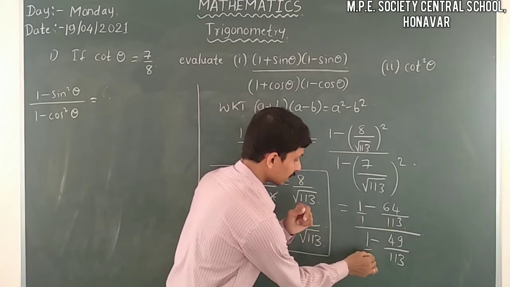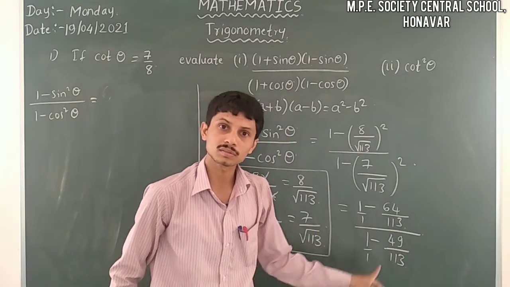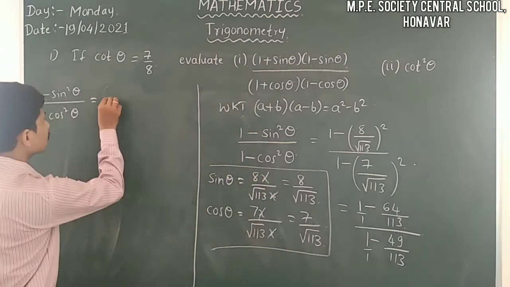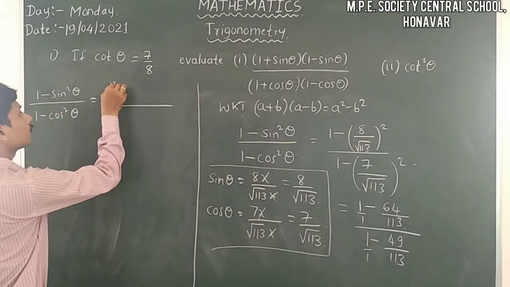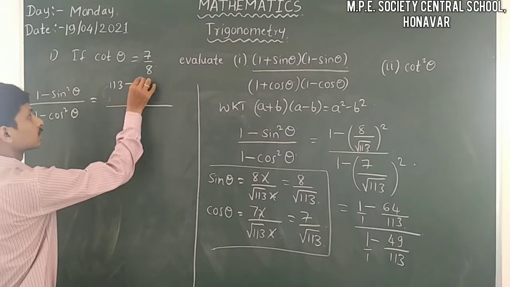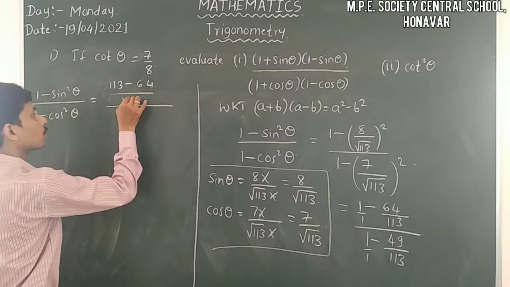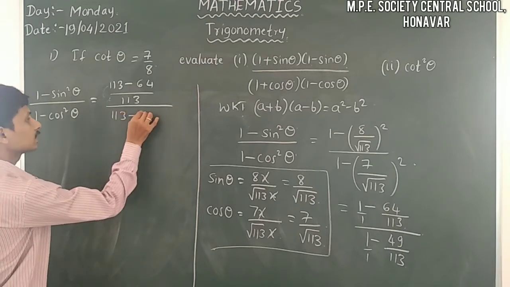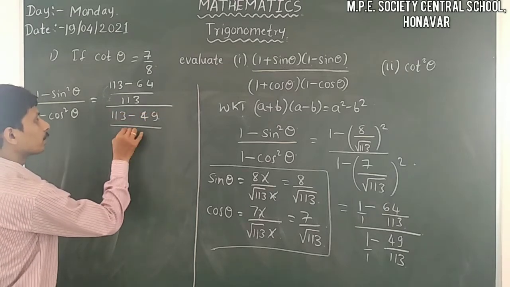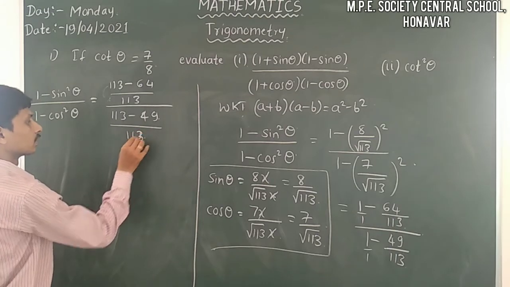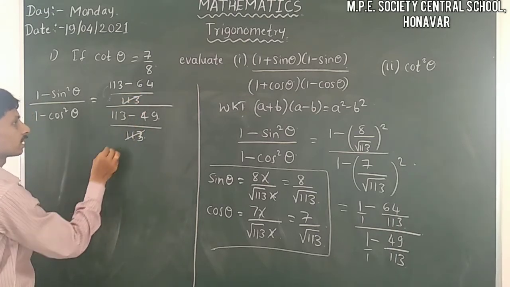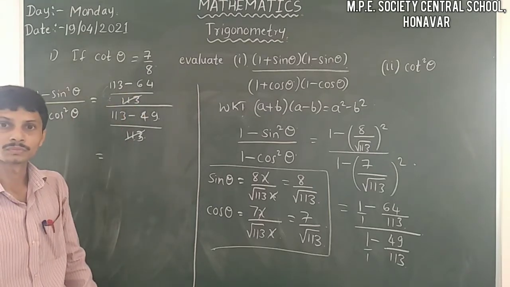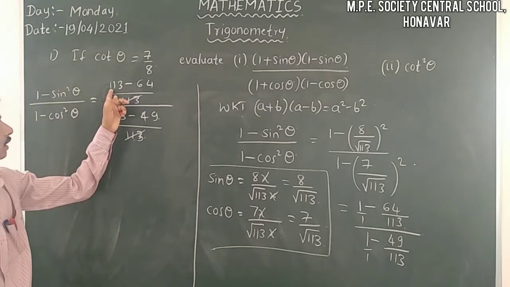Here also the same thing, in both numerator and denominator we multiply with 113. Then 113 minus 64 divided by 113, and here also 113 minus 49 divided by 113. The 113 and 113 get cancelled here, and then 113 minus 64. So we have to subtract.